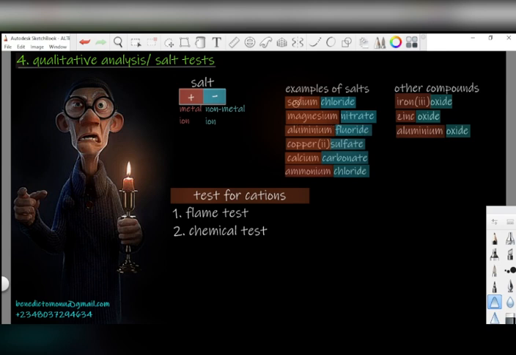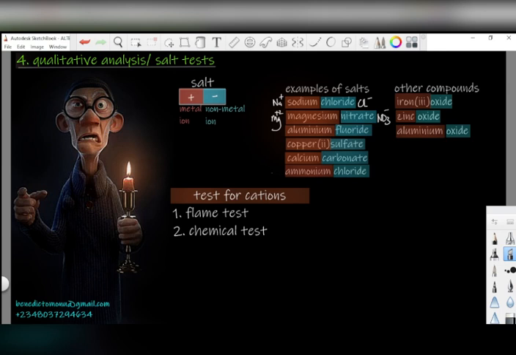You'll notice that there's always a cation part in red and an anion part in green. Example, look here. In sodium chloride, for example, the sodium part is the cation part, the chlorine part is the anion. Magnesium ion Mg plus 2, nitrate ion NO3 minus 1.